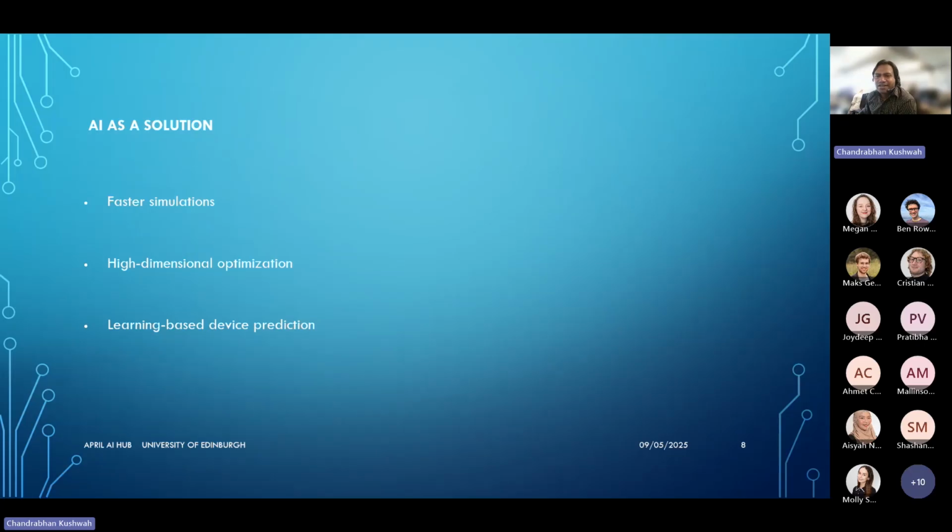So where does AI come in? I think it helps tackle four big pain points. First is fast simulation. One of the key advancements we are focusing on is significantly accelerating simulations. Traditional physics-based simulation can be computationally expensive, because it is based on partial differential equations, device physics equations, and they are very time consuming.